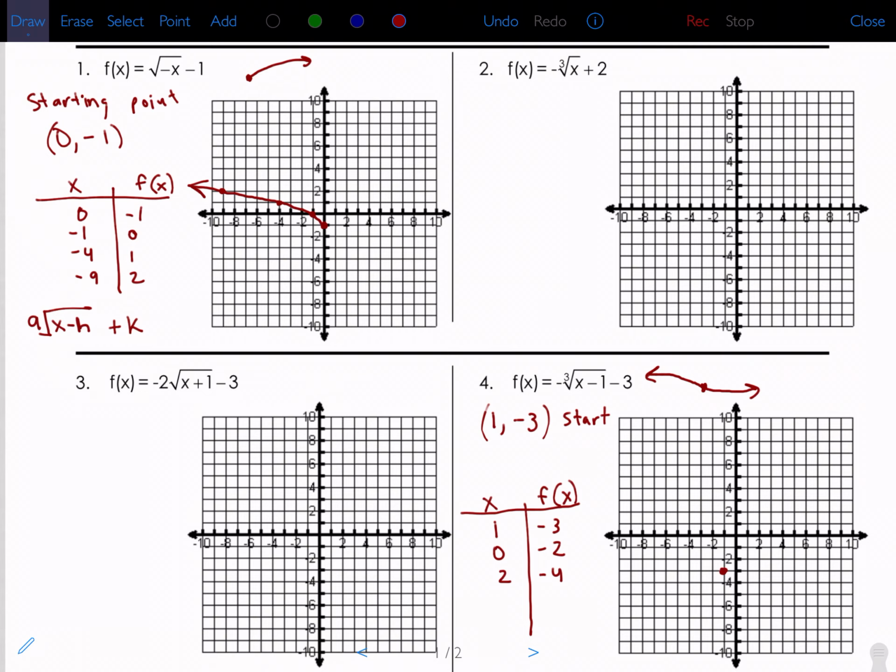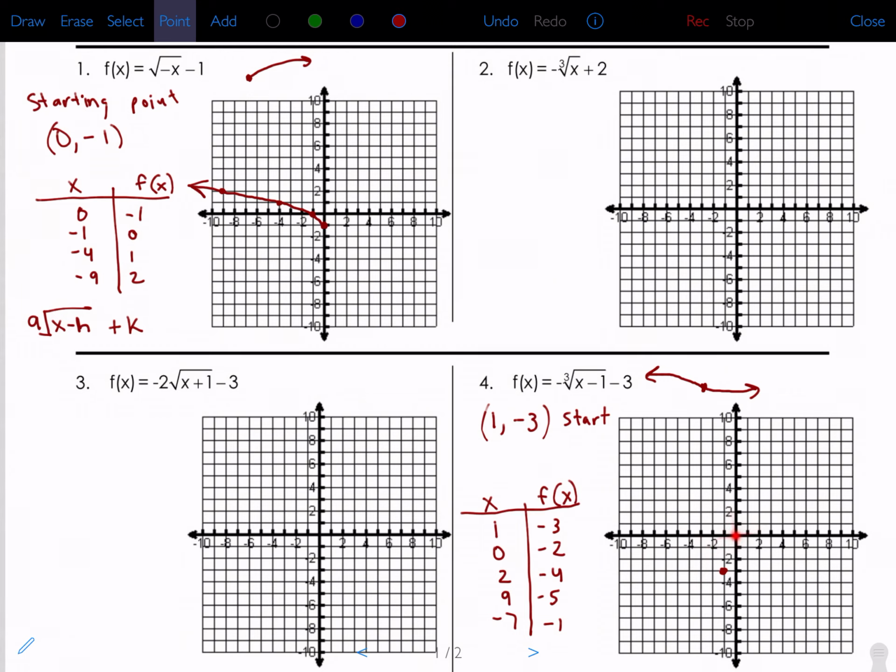We had 0, -2, 2, -4. We have 9, -5. We'll go back up and we'll start going the other direction. We have -7, -1, and that's it. So now we start graphing.